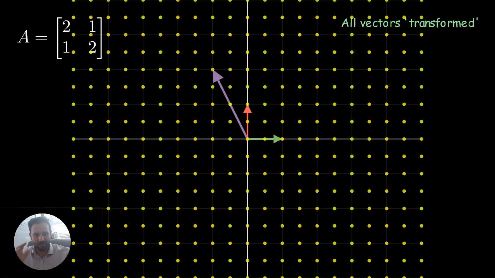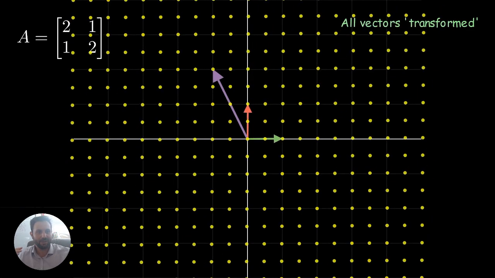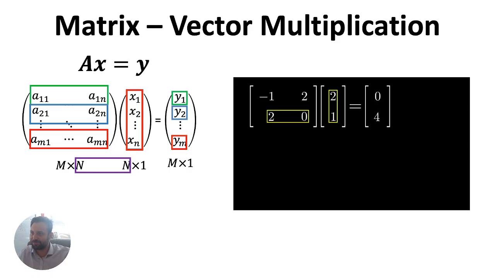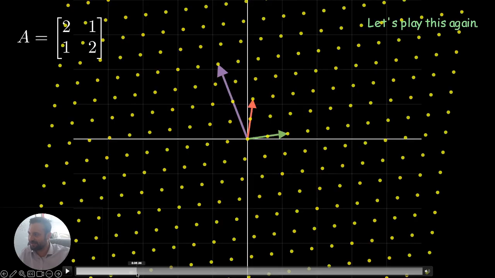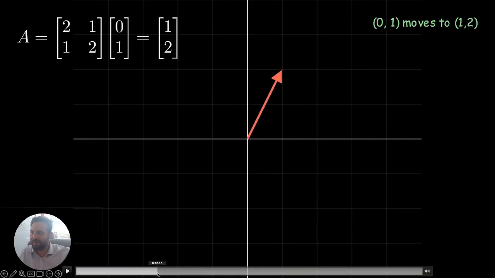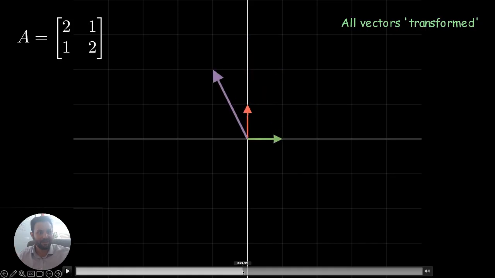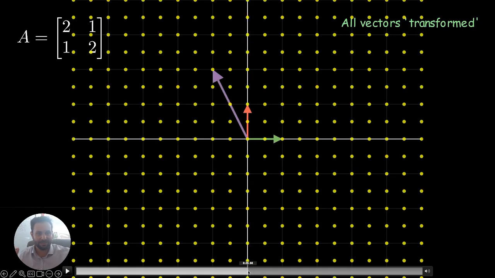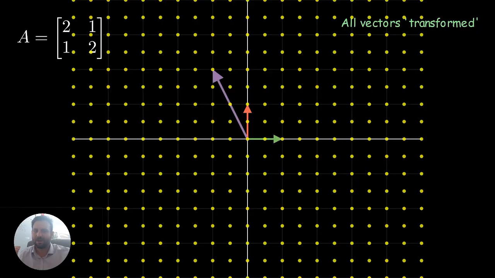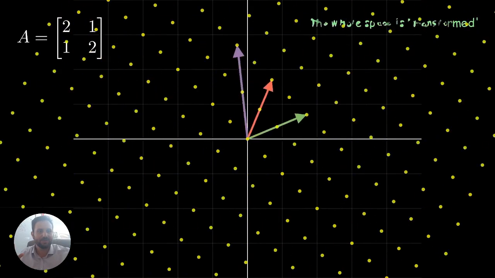Let's go ahead, instead of dealing with arrows, we argued that our vectors are actually deemed as data points on the space, right? So let's display all of the data points. And when I apply this A matrix to each and every one of the data points, whoops, I lost the animation for a second. So if I multiply each and every one of these data points with this matrix, all of these data points will go to their new locations.